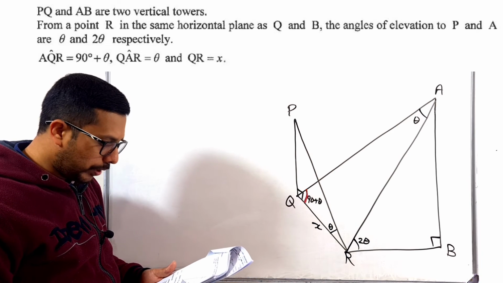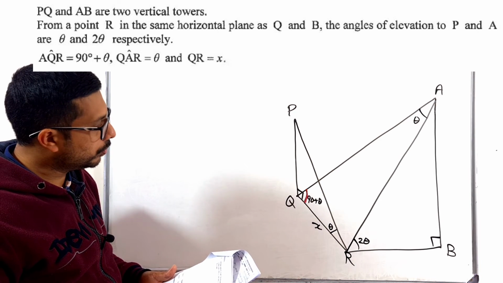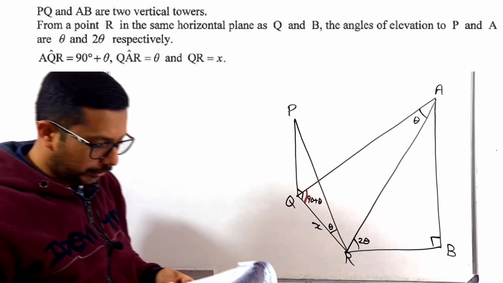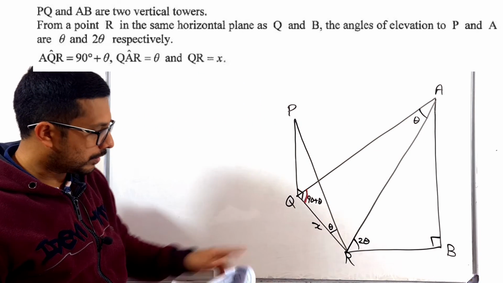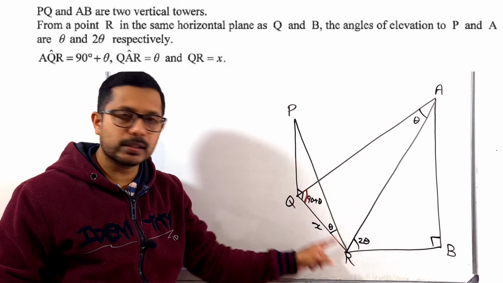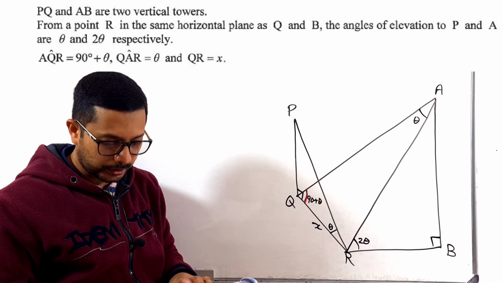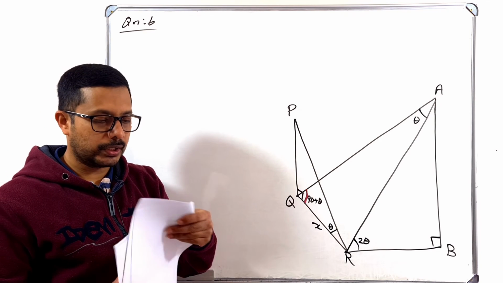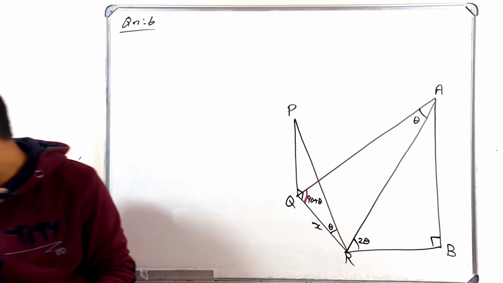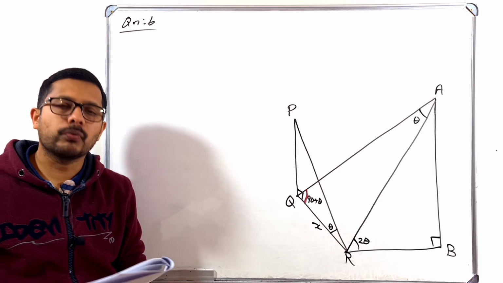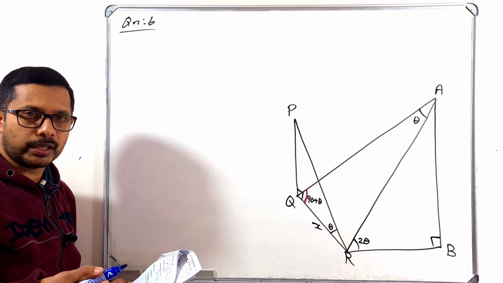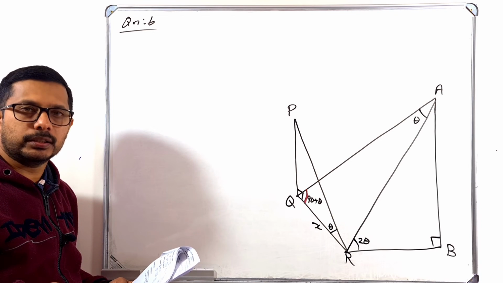Now QAR is equal to theta, this angle is theta, then QR is equal to X. So it is given that this line is X centimeters or units. Now based on this one you have to answer the following questions. What is the first question? Determine in terms of X and theta. So in your answer that you are going to write, there must be X and theta.